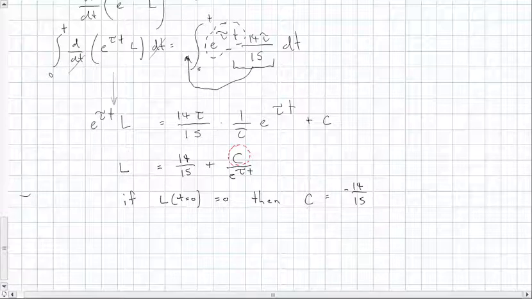Can you see that? Because tau raised to a 0 power is 1, so it would be C plus this has to equal 0, shown here. The only way to do that is if this C equals negative 14 over 15.